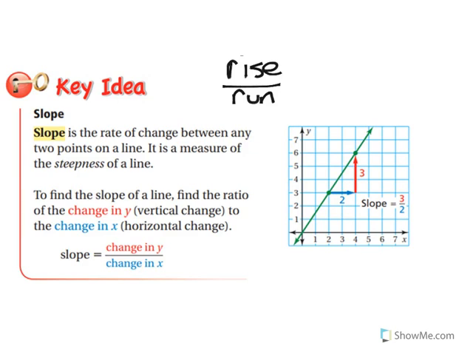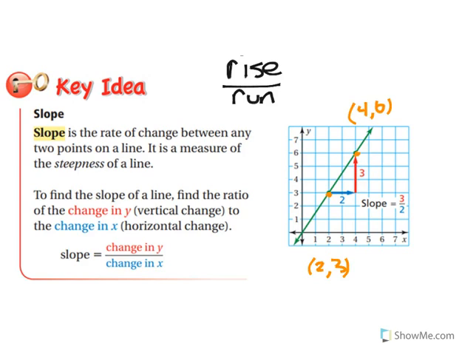So let's take a look at this example here. We have 2 points. We'll say we have a point right here, which is 2, 3. And then we have a point right here, and this point is 4, 6. We can determine the slope by looking at how much we move on the run, which is going horizontally, and then going up the rise, which is vertically.